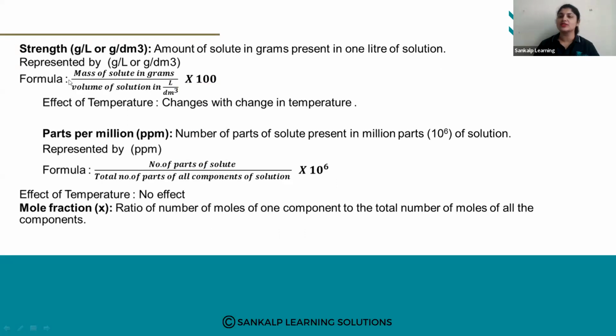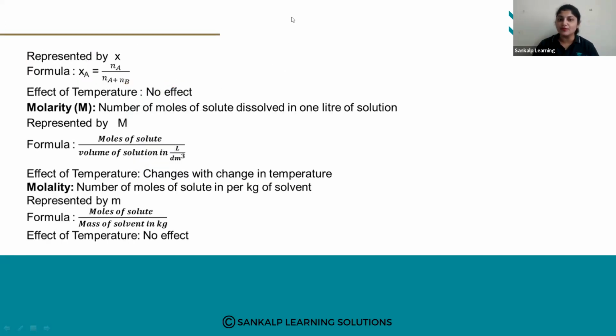Then what is strength? Strength is the amount of solute in grams present in 1 liter of solution. Depending on that, we discussed molarity and molality. How do they differ? Molarity is the number of moles of solute dissolved in 1 liter of solution.